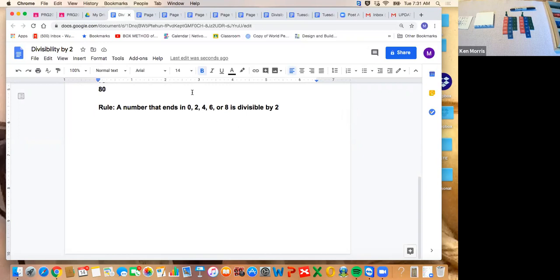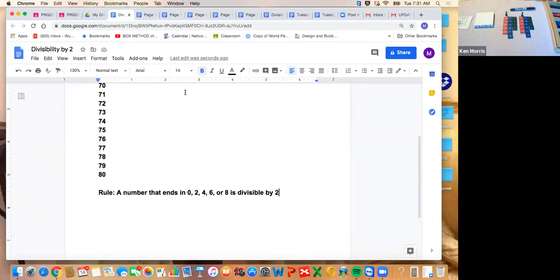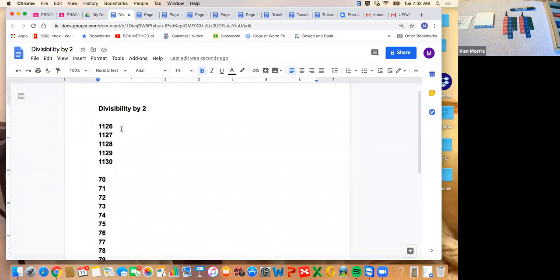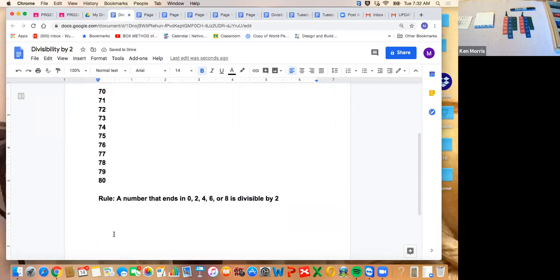Actually, I would like you to start at 70, as I have written here. Go from 70 to 80 with the stamp game and confirm that this rule is correct. And go ahead and make a table in your notebook and just write whether the numbers that we did are divisible by 2 or are not divisible by 2, like I'm showing here. All right, and then please write the rule into your notebook.